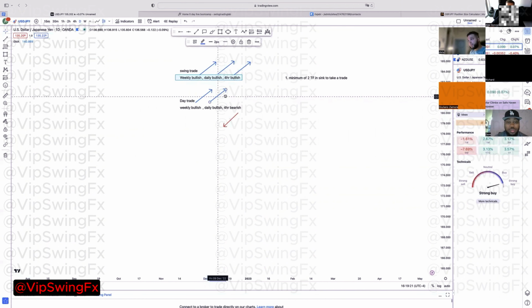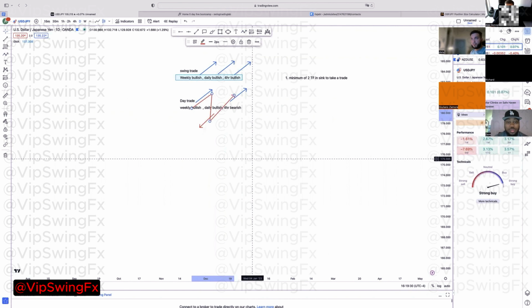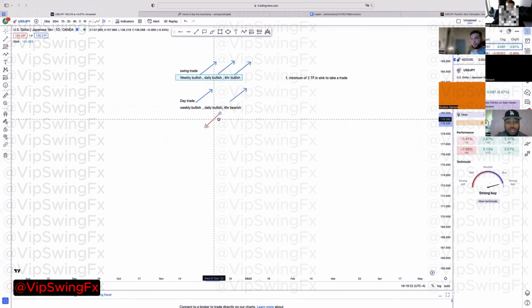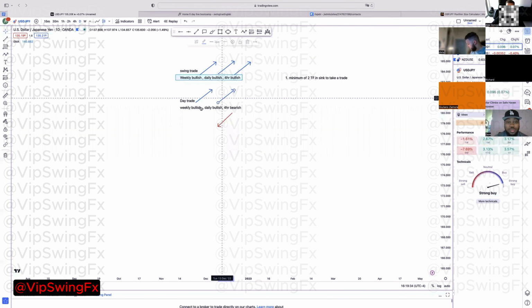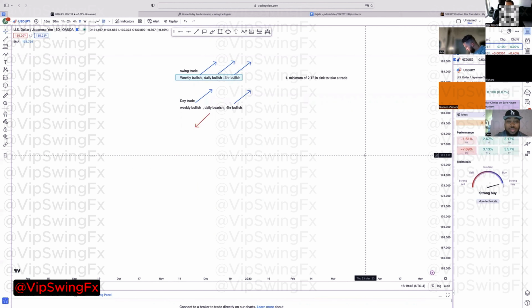It can't be a mix, like this one is like this and that one is like that. It just looks choppy, versus 2 time frames in sync, which looks a lot cleaner. If this time frame were bullish and this one bearish, this would not be 2 time frames in sync.